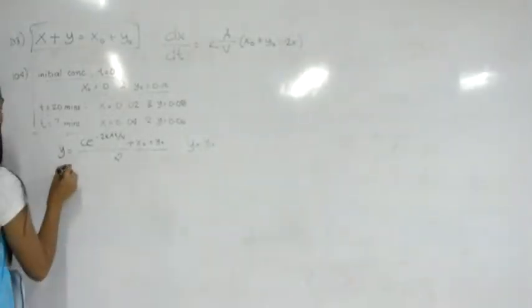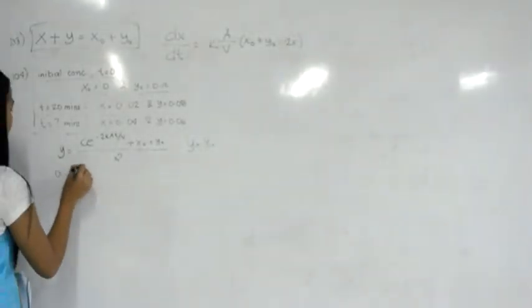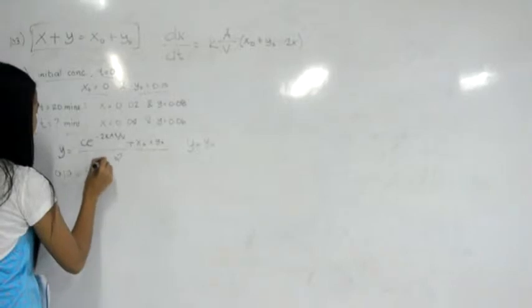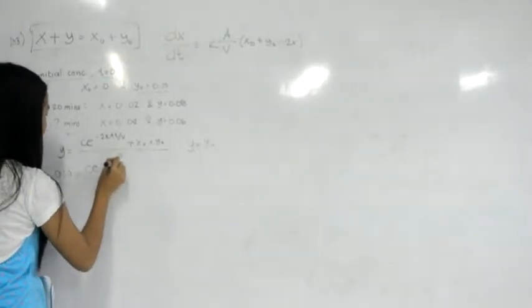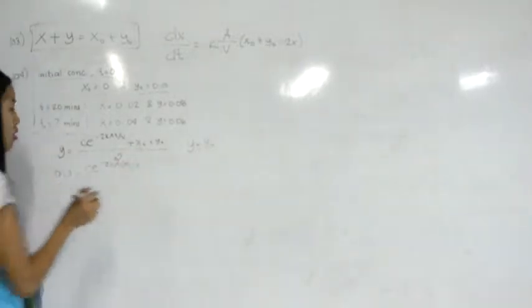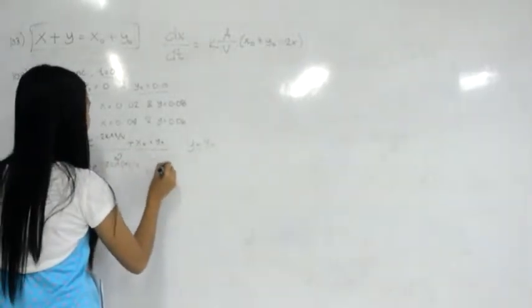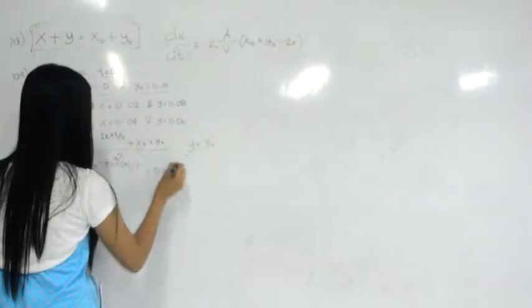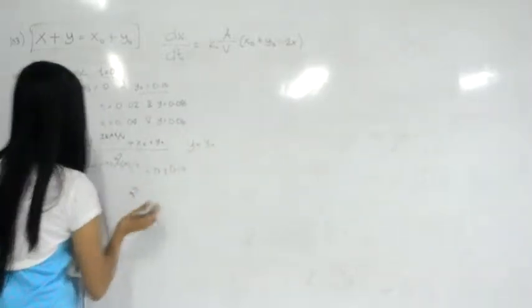So going back, y at 0.10 is equal to c e to the negative 2k a times 0, because t is equal to 0, plus 0 plus 0.10 over 2.